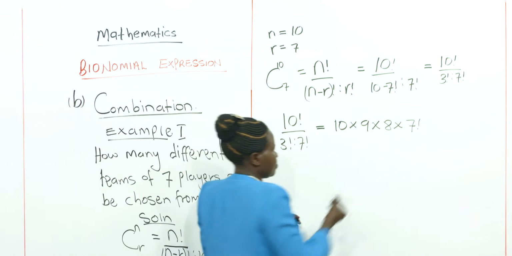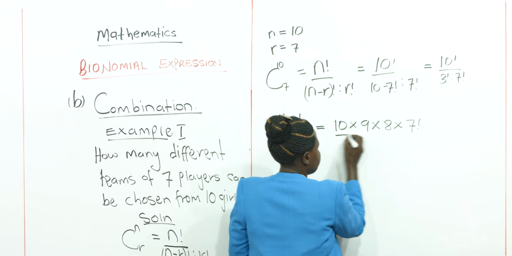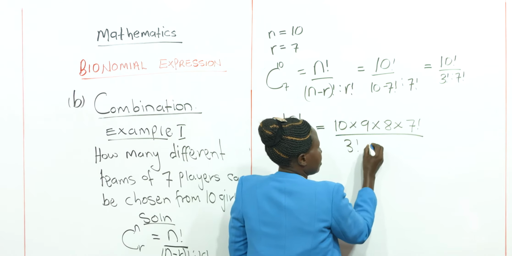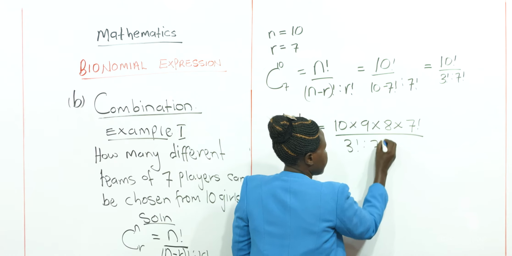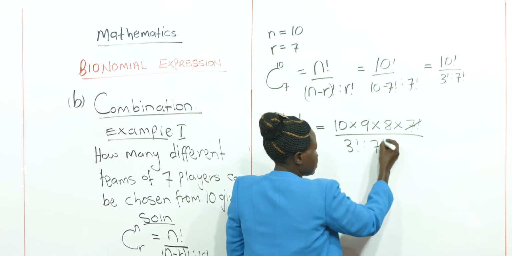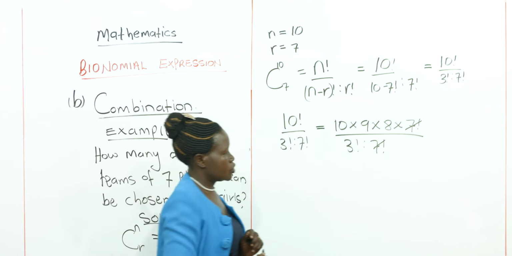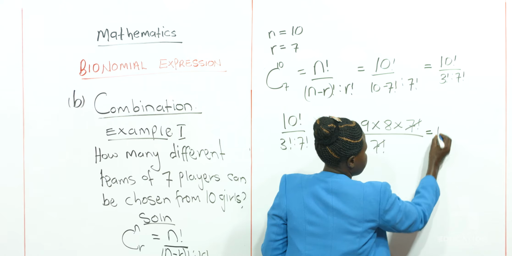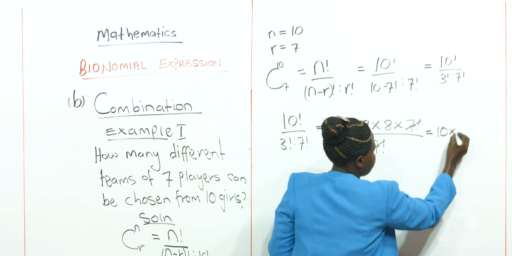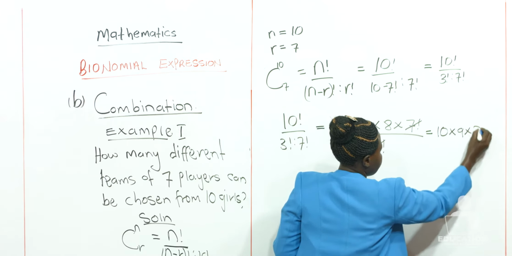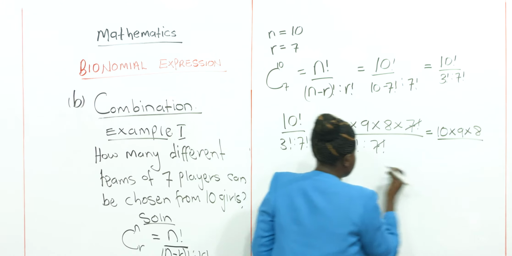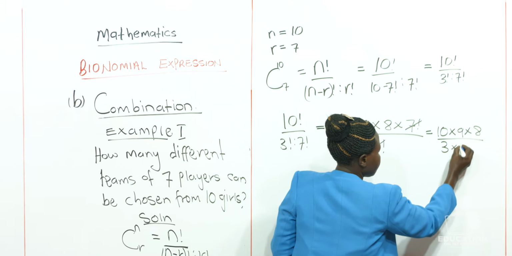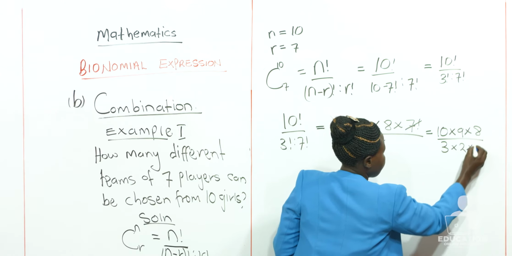So the shortest form, you can simply get this, and then you say 3 factorial times 7 factorial. Eliminate this. So 7 factorial will cancel off, and you remain with 10 by 9 by 8 over 3 factorial. 3 factorial means 3 by 2 by 1.